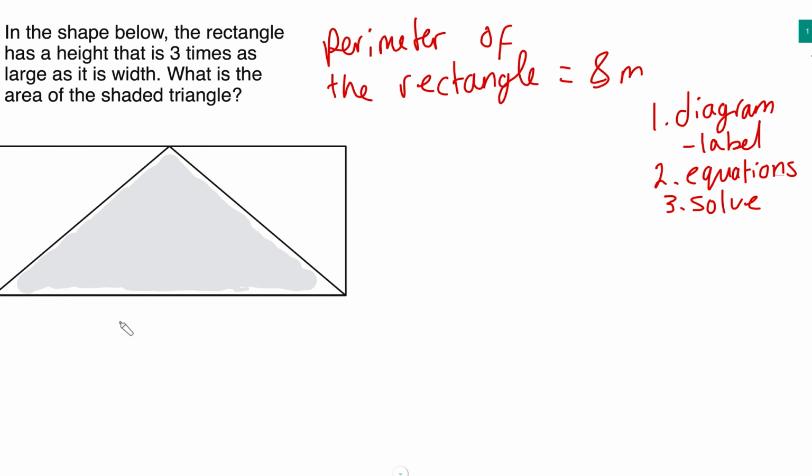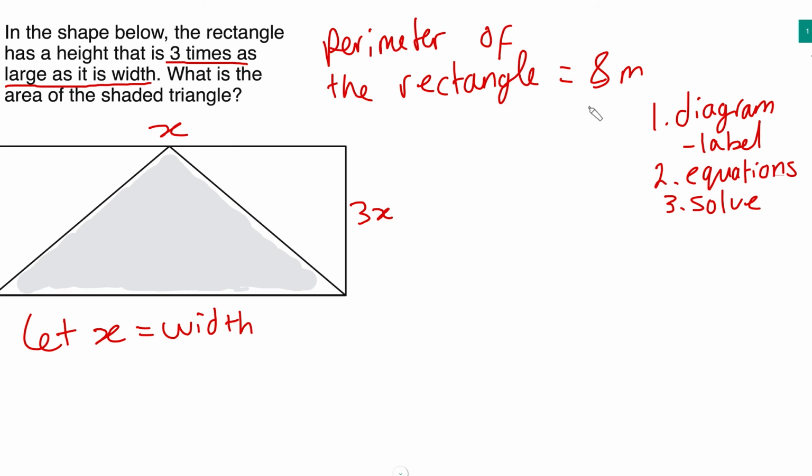Obviously it doesn't look like it, but in the exam they don't normally draw it to scale. So the height is going to be 3x and the width is going to be x. The reason why is that it's told you that the height is 3 times as large as its width.